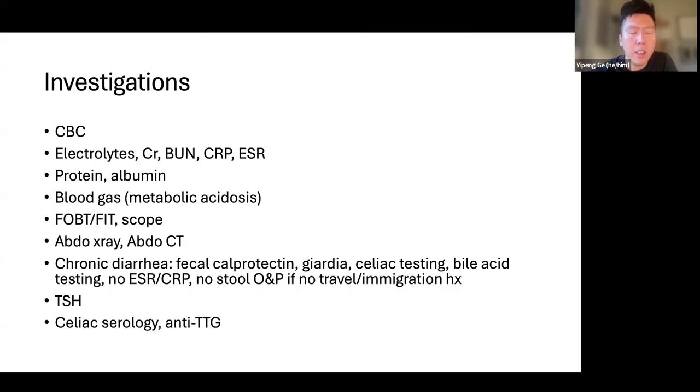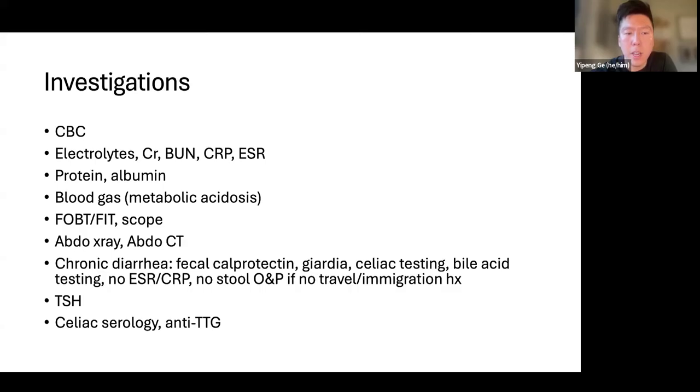I don't think it's called FOBT anymore because we have the FIT test, but essentially it's a test to see if there's any blood in the stools that you might not see visually, and we might be more worried about something more insidious going on. And a scope if necessary.